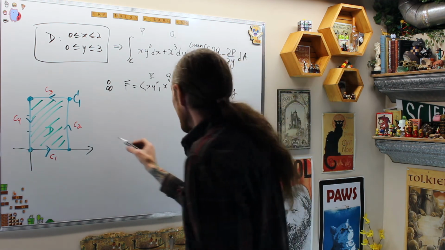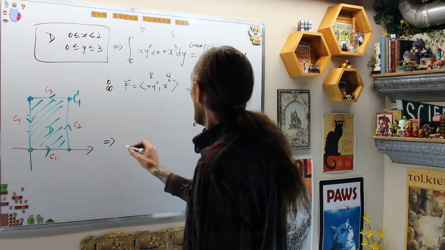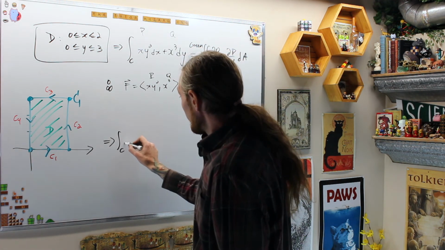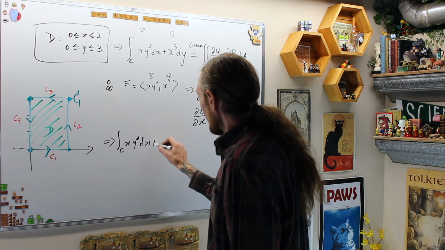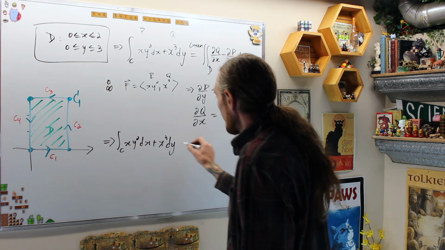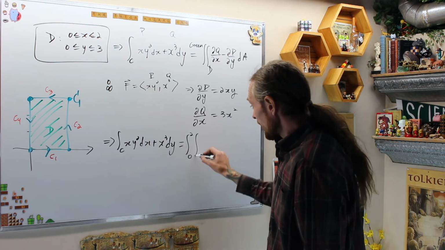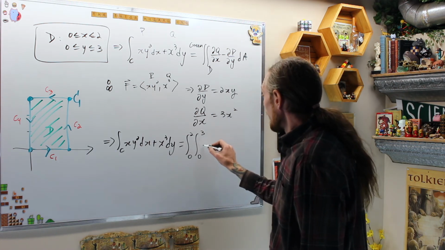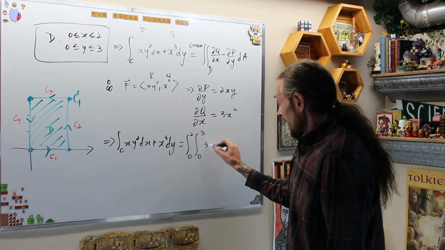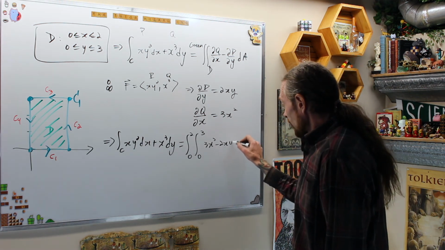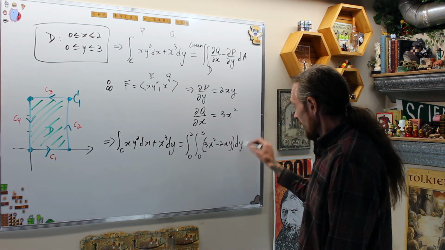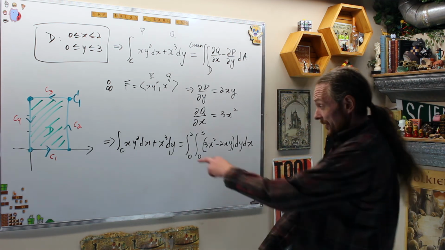Therefore, this integral over C of xy squared dx plus x cubed dy is equal to the double integral, 0 to 2, the integral from 0 to 3 of 3x squared minus 2xy dy dx, which is now just an iterated integral.